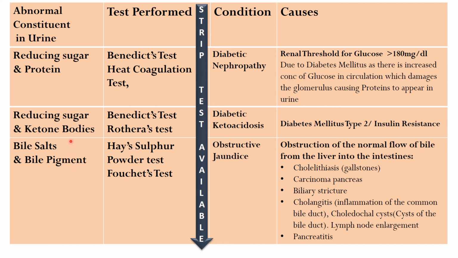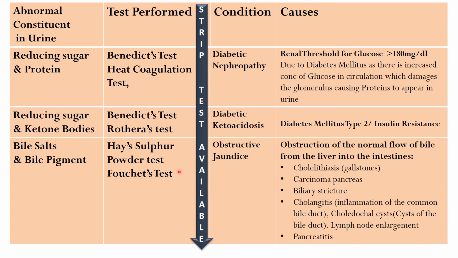So, when both bile salts and bile pigments are present, for bile salts we do the Hay's sulfur powder test. The link for this test I will provide below. And for bile pigments, we do Fouchet's test. There are a number of tests available, but this is the most reliable one and creates the least confusion.